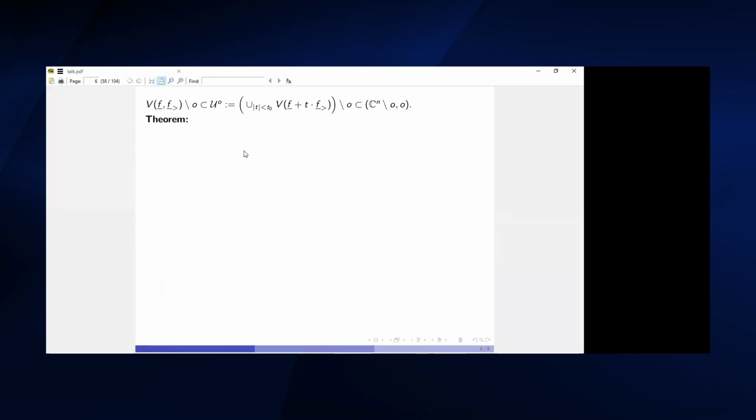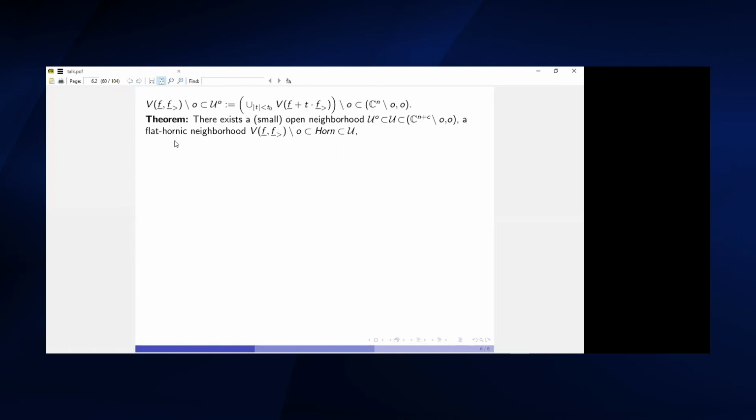So once again, we have the base locus of this family with the erased origin. It sits inside U0, which is the total space of the family except for the origin, and this sits inside the germ of Cn, and we have the theorem. So there exists a small open neighborhood U of U0. It can be taken as small as we want. Sorry, it should be n here, not n plus c.